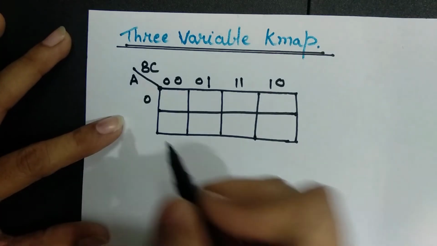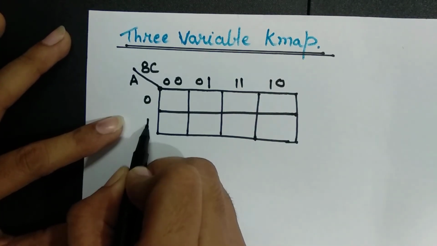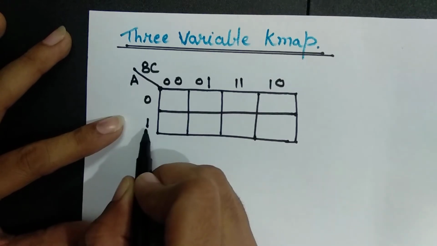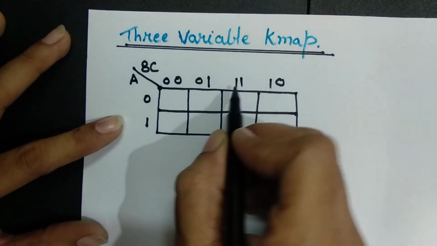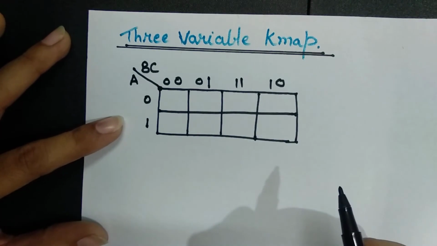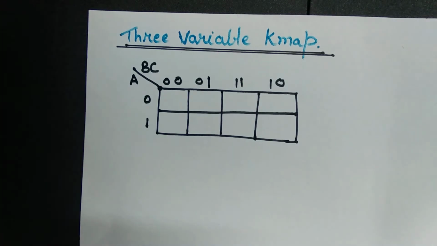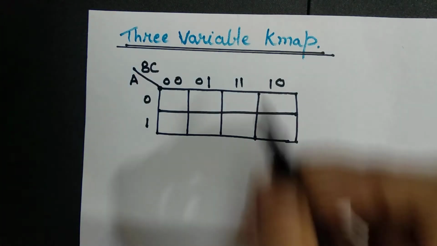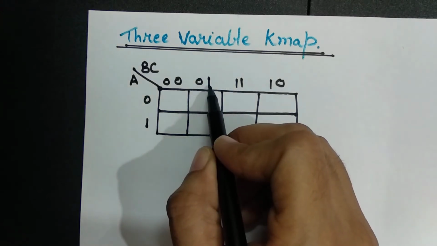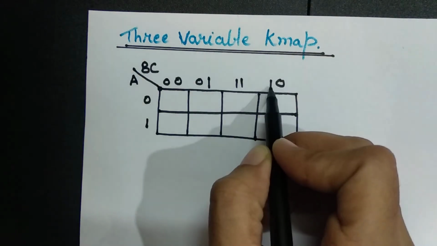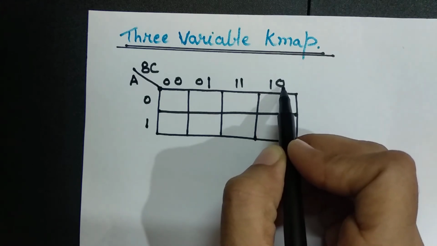Likewise, the next rows are 1 0 0, 1 0 1, 1 1 0, and the last one is 1 1 1. Here you can see that you have alternate 0 1, then 1 1, again you have 1 0.